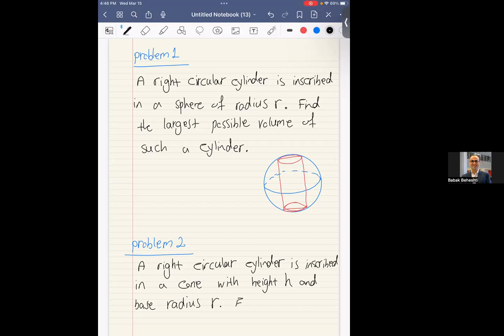Again, find the largest possible volume of such cylinder.